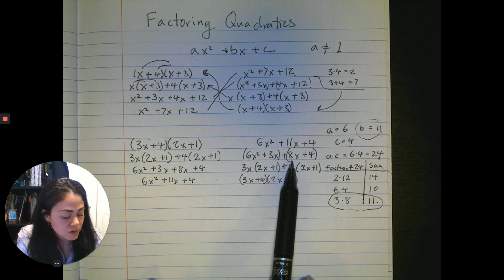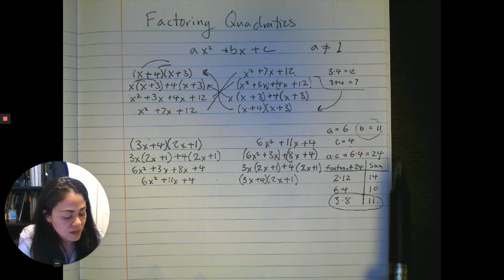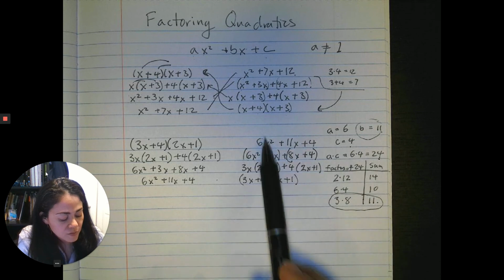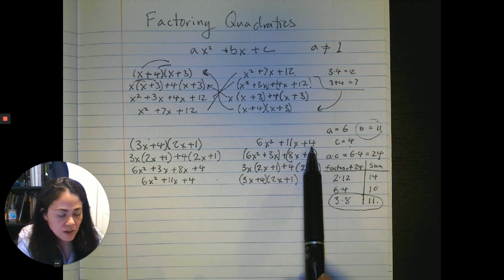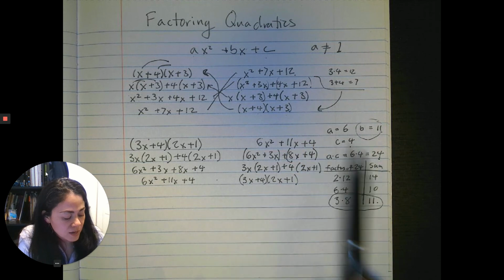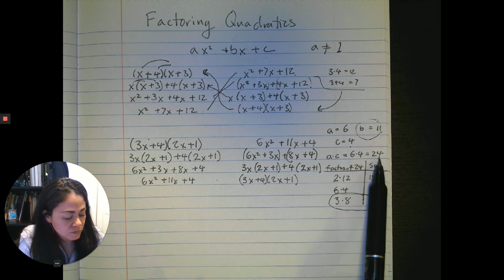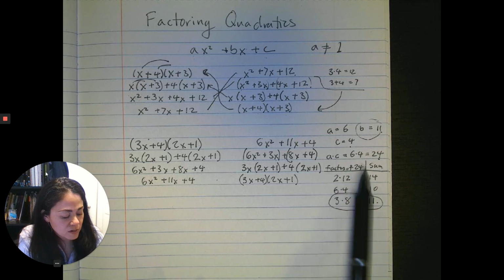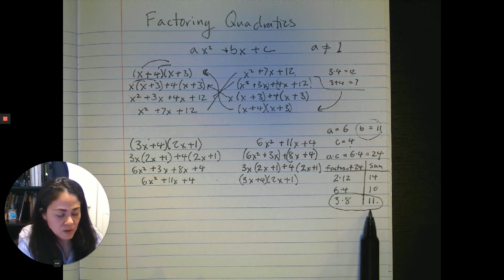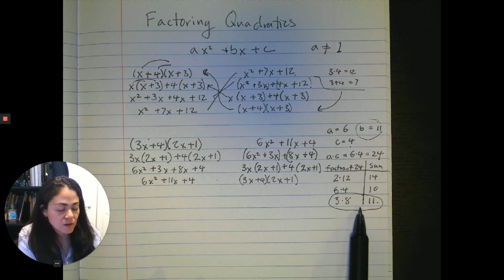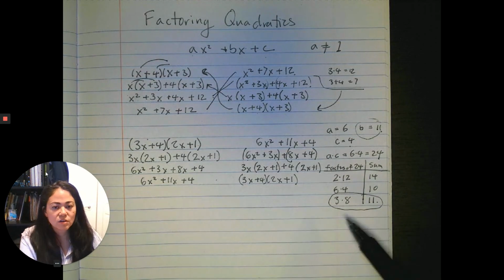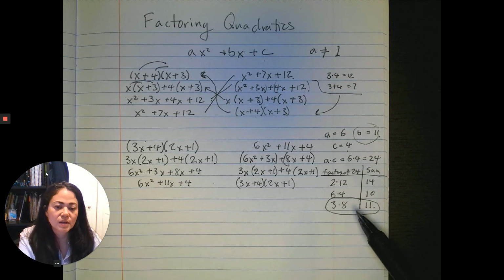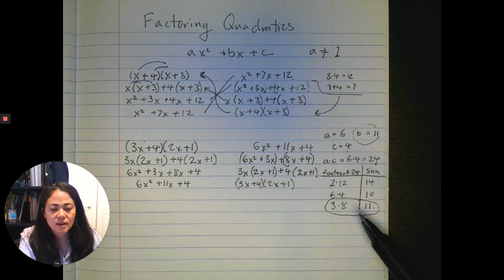And we figured out 3x plus 8x because we first multiplied the coefficient in front of x squared times the constant at the end. That's a and c. A times c is 24 in this case. So we're looking for factors of 24 that add up to be 11. And we got 3 and 8. All right, this is the process that we're going to do. So first practice thinking about what those different steps are, and then we'll do a couple more examples.